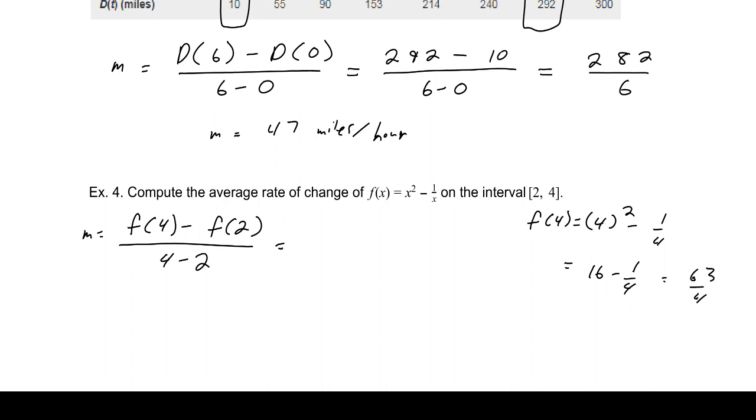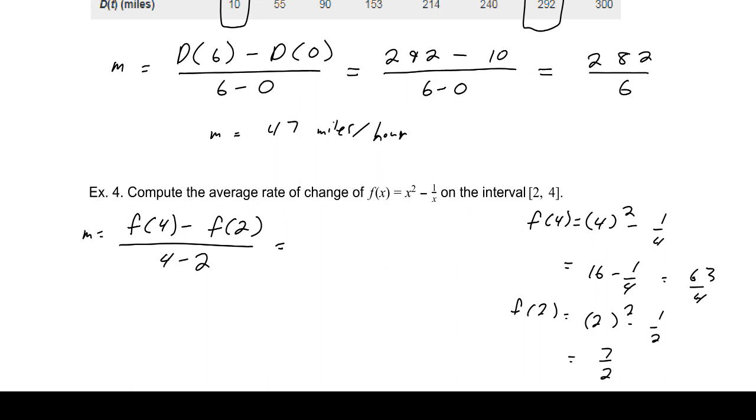Okay. Make all that connect. And then f of 2 is 2 squared minus 1/2. So 4 minus 1/2 would be 7 over 2, or 3 1/2.